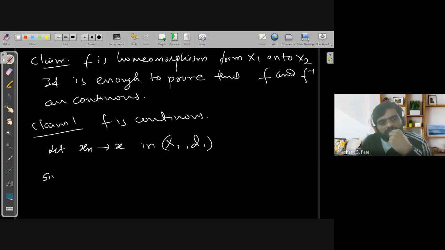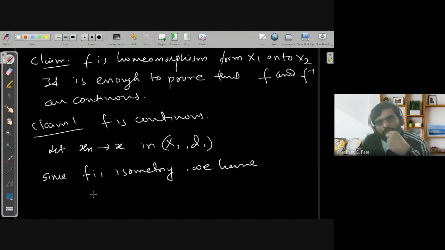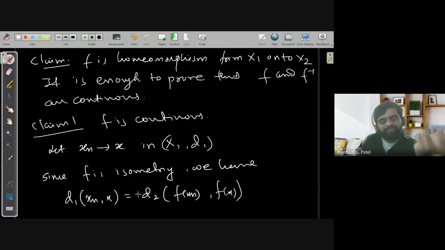Since f is an isometry, we have d1 of xn comma x is equal to d2 of f of xn comma f of x, for every n and for every x.